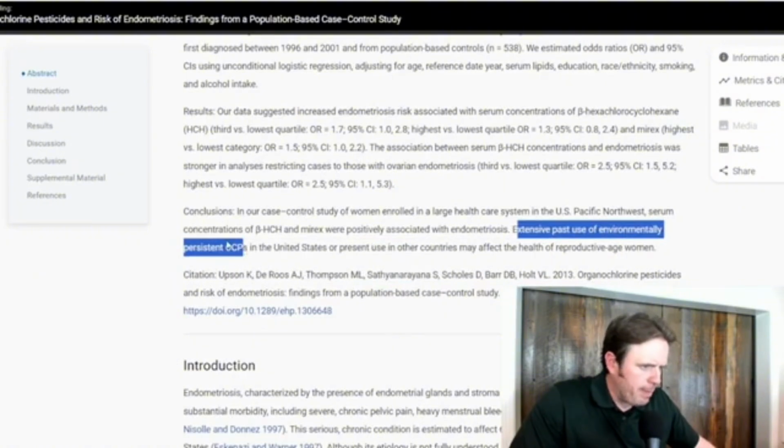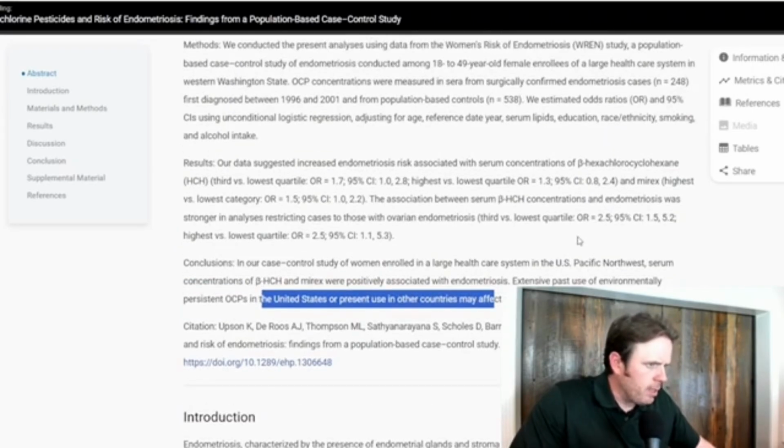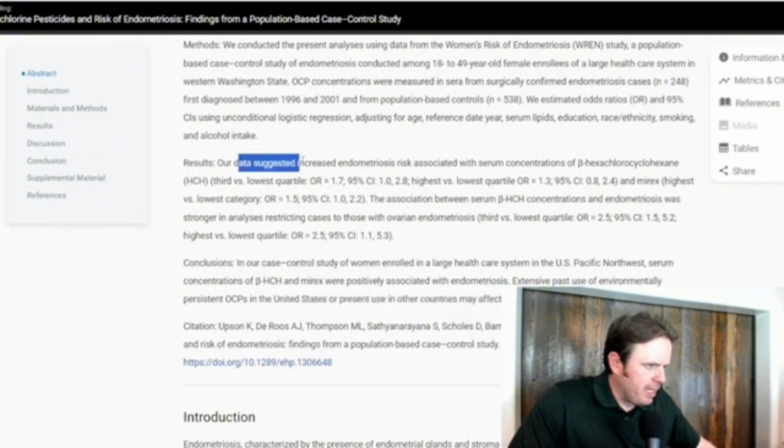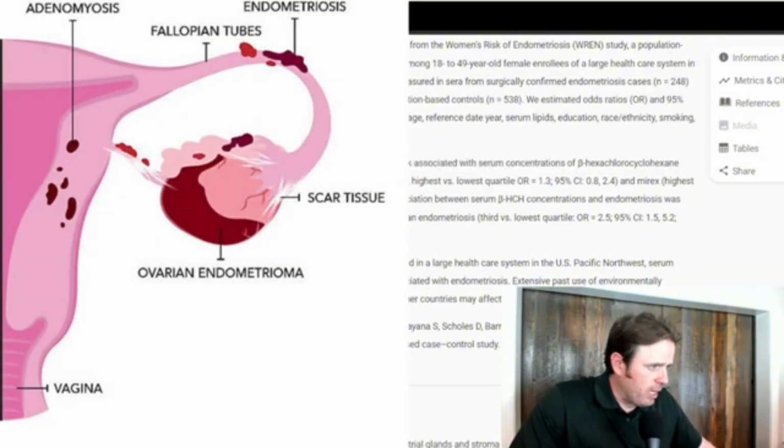These are the big common pesticides, in the United States or in present use in other countries, that may affect the health of reproductive age women. And our data suggests an increased endometriosis risk associated with serum concentrations of beta-hydroxychlorohexane. The association between beta-hydroxychlorohexane concentrations and endometriosis was stronger in analysis restricting cases to those with ovarian endometriosis.